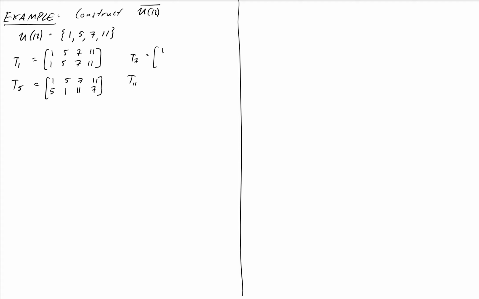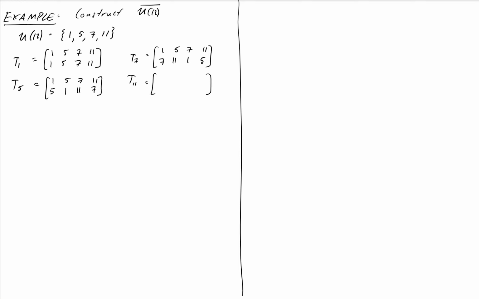Likewise, T7 is the permutation that multiplies everything in U of 12 by 7. So 7 1s are 7, 7 5s are 35, which is 11. 7 7s are 49, which is 1. And 7 11s are 77, which is 5 more than 72, so that's 5.